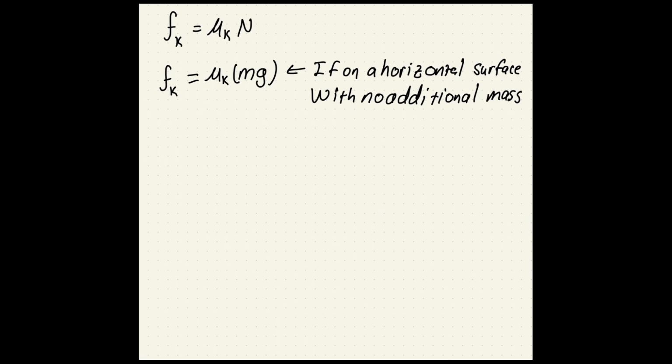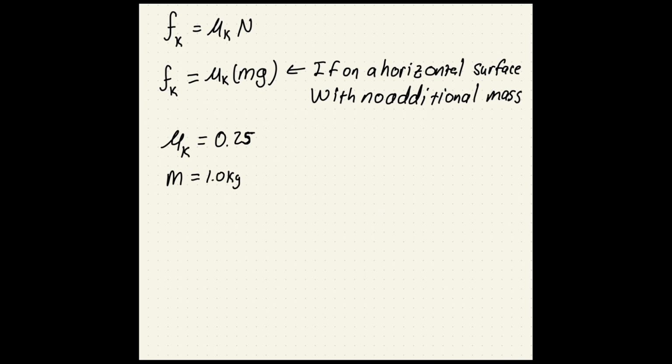Okay, so now we have this new equation that says friction force is equal to mu k times mg. Let's say I know that my mu k value is 0.25, kind of an oiled wood on wood surface, something like that. 0.25, so it's kind of slick, but not as slick as say ice and an ice skate. 0.25 is our mu sub k value. Maybe we have a mass of wood that's 1 kilogram.